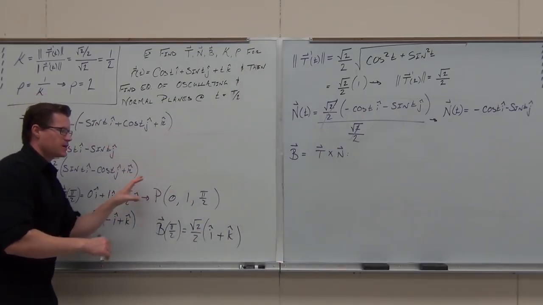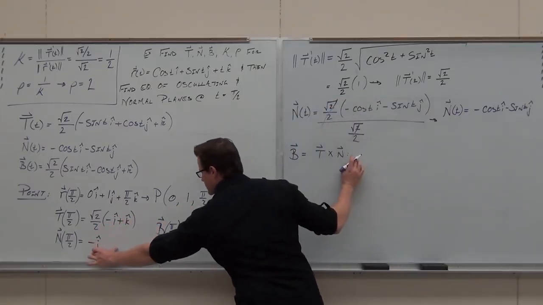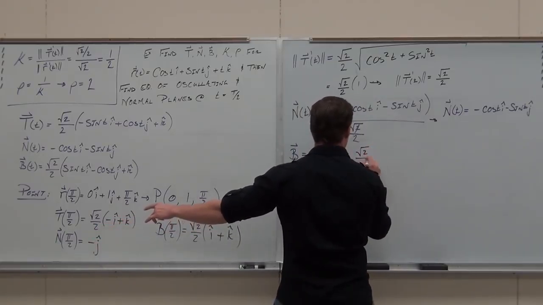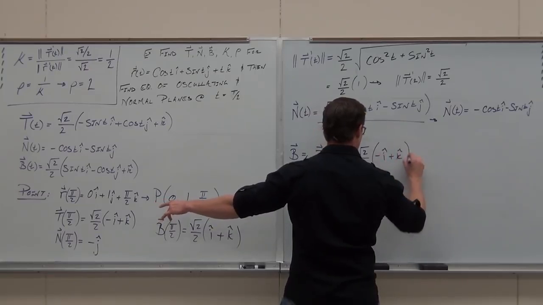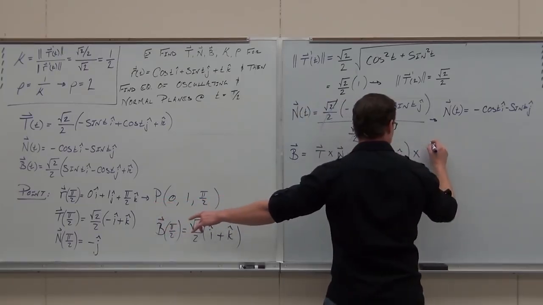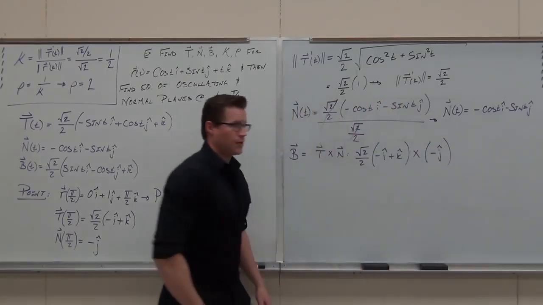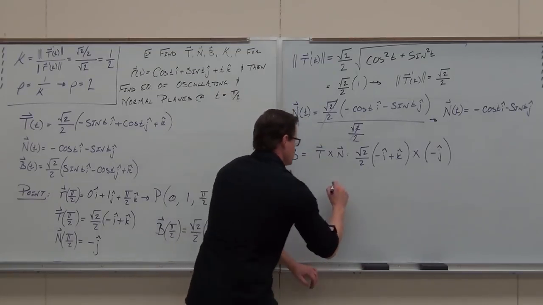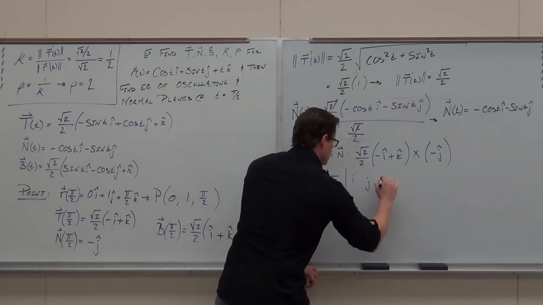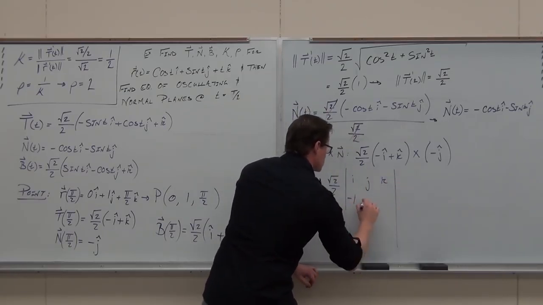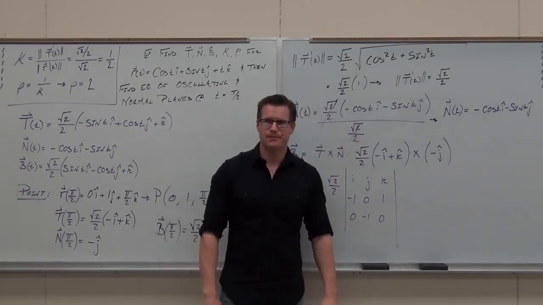But if you take these values and plug them in now, watch this. If you use those two things, which looks a whole lot easier to me. Looks a whole lot easier to you?